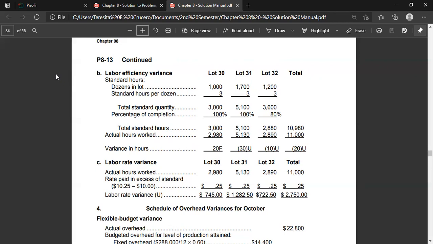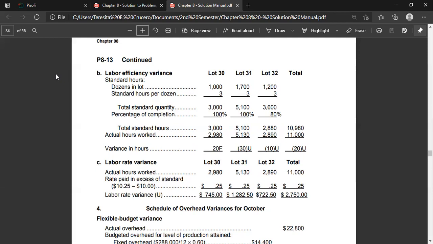So for number 3, letter B, and for letter C, determine the labor rate variance in dollars. So the labor efficiency variance, don't forget the percentage of completion, and we have the labor rate variance in dollars. So for number 3 requirements, we have A, B, and C.